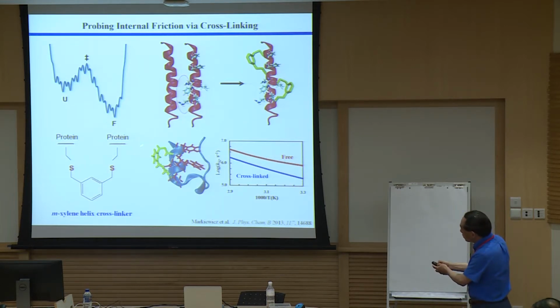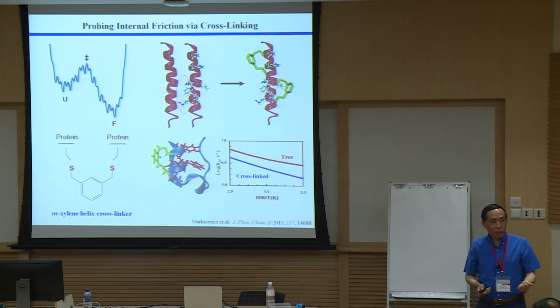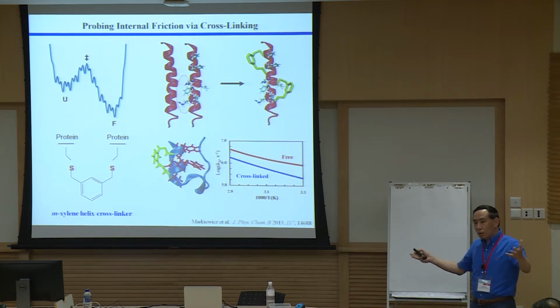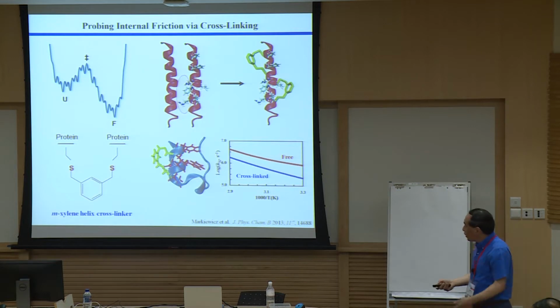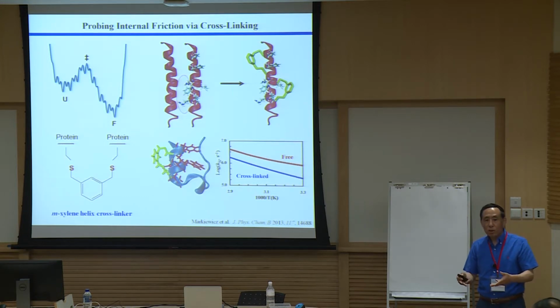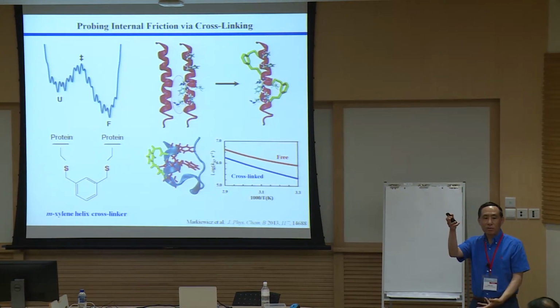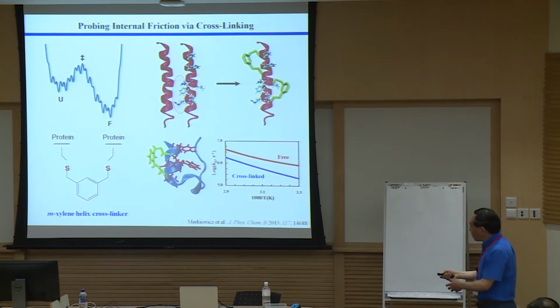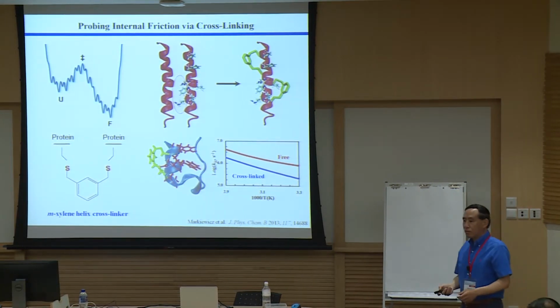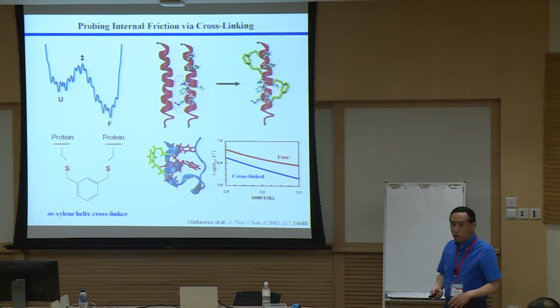But due to the bulkiness of this cross-linker, upon conformation transition going from the unfolded to the folded, for example, those side chains could bump into this cross-linker. So as a result, you would amplify the roughness of the energy surface. So that's the idea. Okay, so in collaboration with Bill DeGrado at UC San Francisco, we made this little construct.